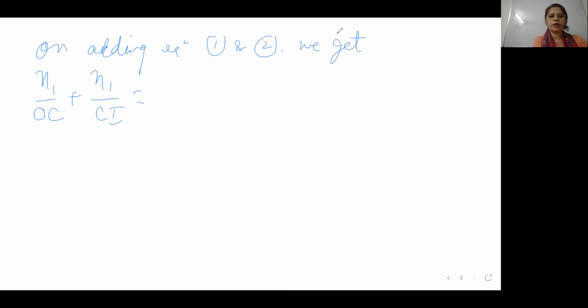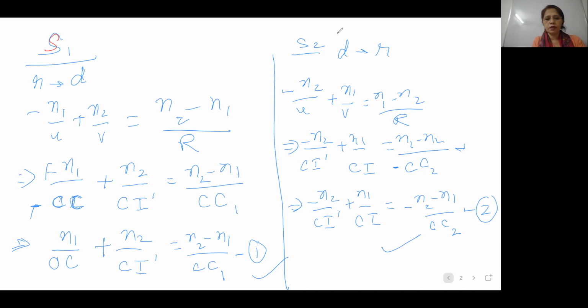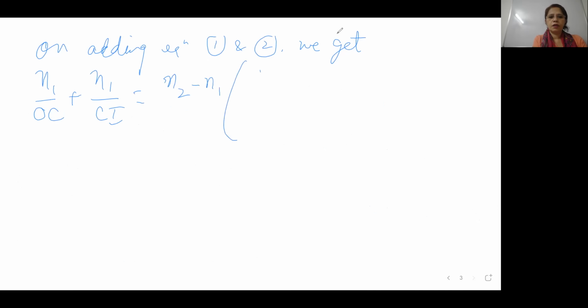Let us take this common, N2 minus N1, and in bracket, what will we get? 1 upon CC1 minus 1 upon CC2.